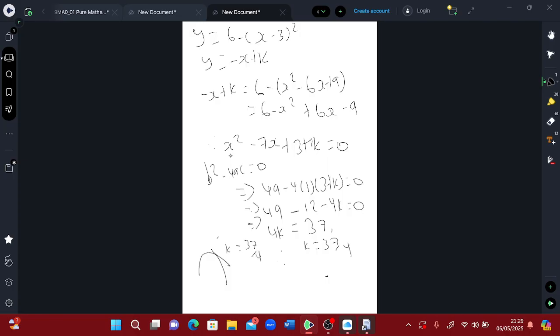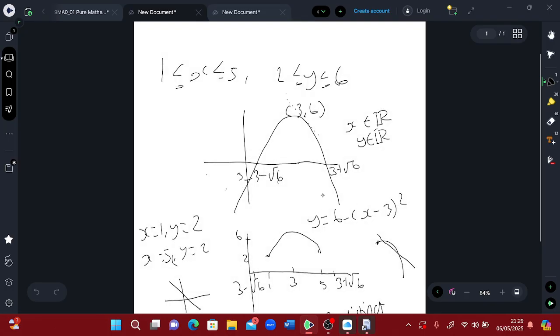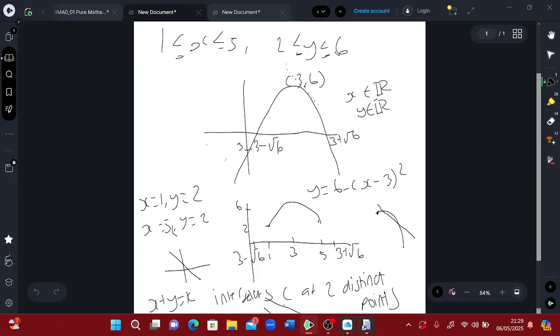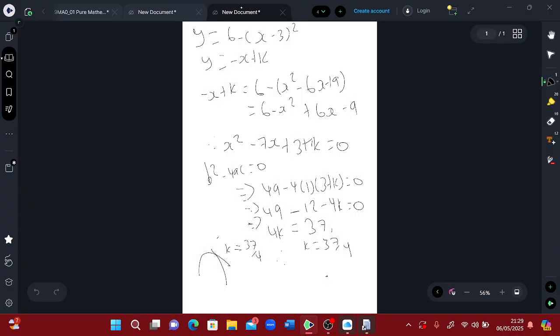If k goes anywhere above 37 over 4, because of our knowledge of graphs, if we shift this line above 37 over 4, it will not touch the curve. So when there's only one point of intersection, k is 37 over 4.